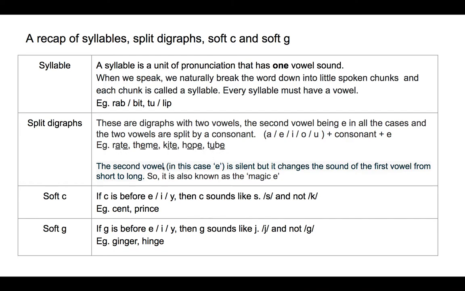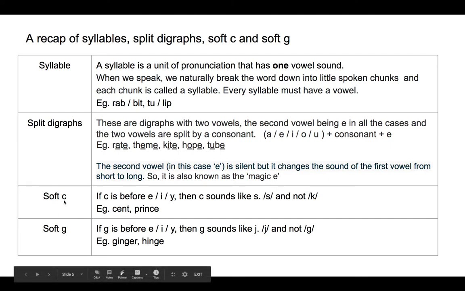The second vowel, in this case E, is silent, but it changes the sound of the first vowel from short to long. Imagine there is no E at the end. We would read the vowels with a short vowel sound: at, rat, the, them, it, kit, op, hop, up, tub. So this E changes the short vowel sound of the first vowel to a long vowel sound, and so it is known as the magic E.